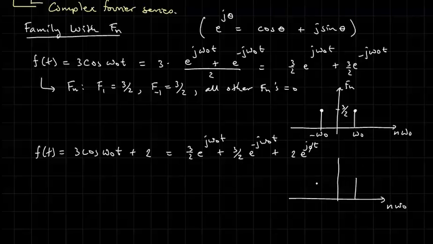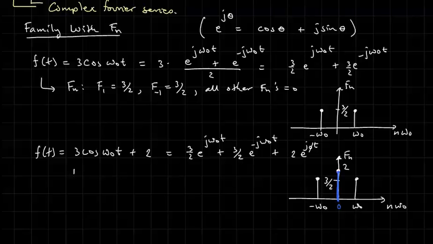We would still have the 3 halves at omega naught and minus omega naught, but now we would have another spectral line right at 0. So if you see a function f sub n that has a non-zero value at the frequency origin, then you know that it has a DC offset.